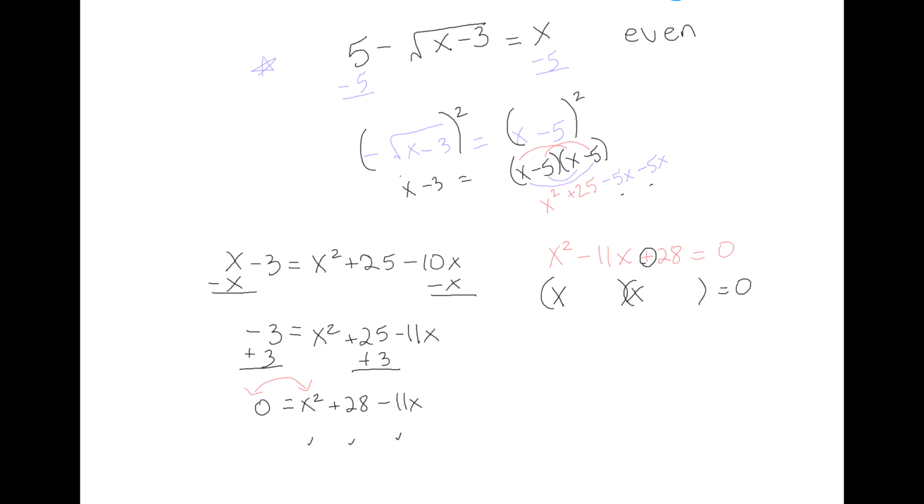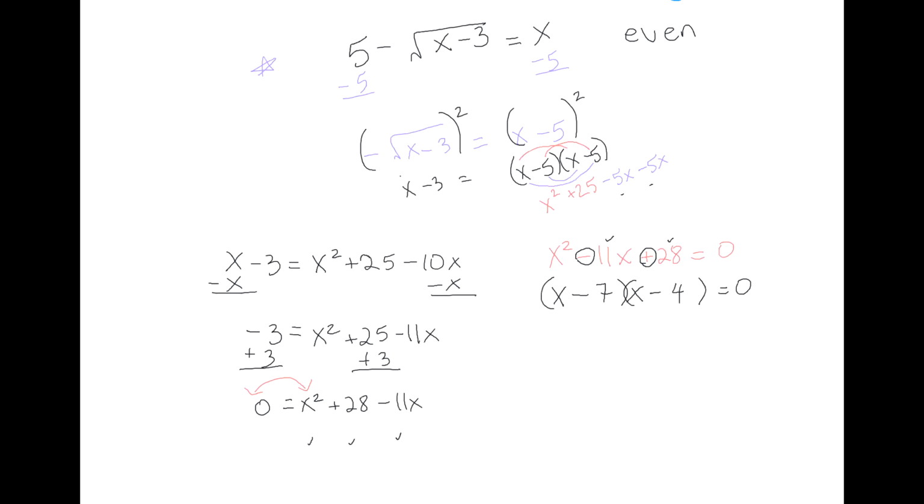My first sign is negative, so I'm going to have the same minus sign in both of them. So now I'm looking for two numbers that multiply and give me 28, but add up to give me 11. 7 and 4.